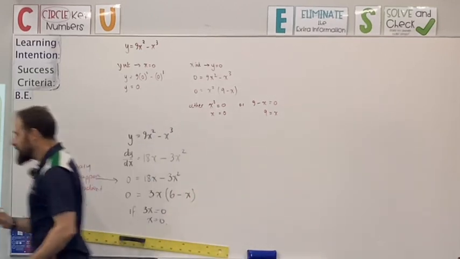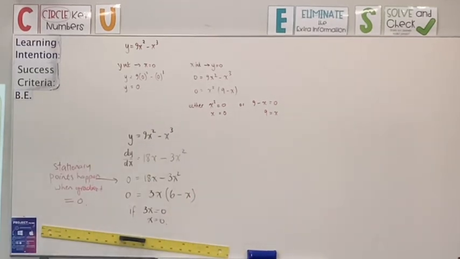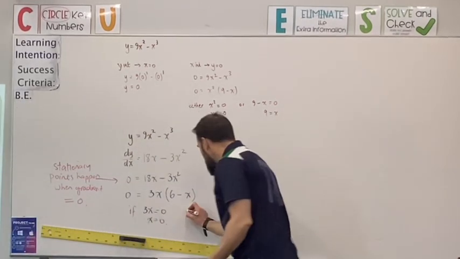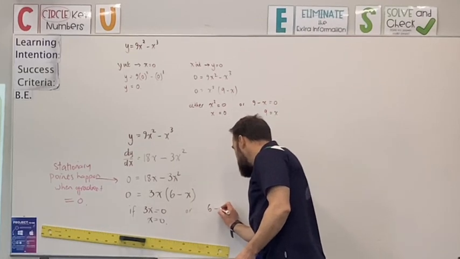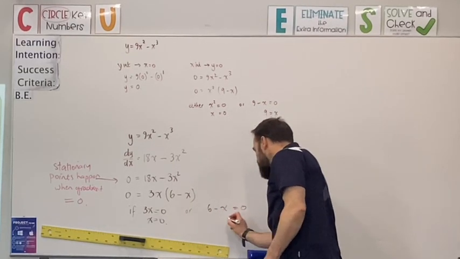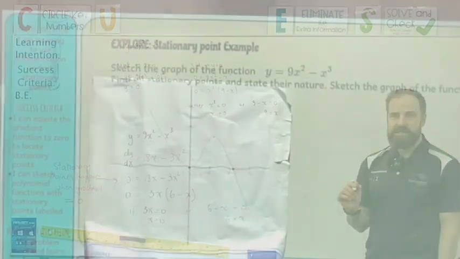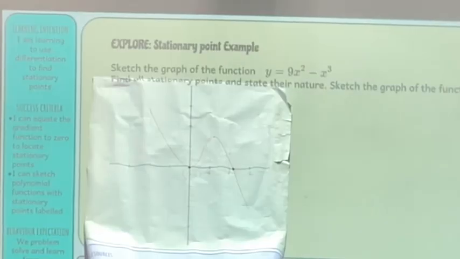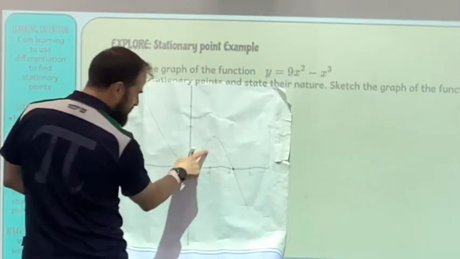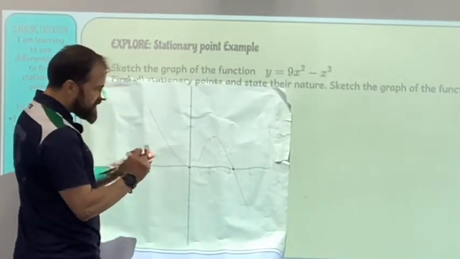Nice. That's my stationary point right there. X equals 0. Stationary point, the gradient is 0. Or 6 minus x equals 0. X equals 6. Rightio, sweet. This is my stationary point here at x equals 6.